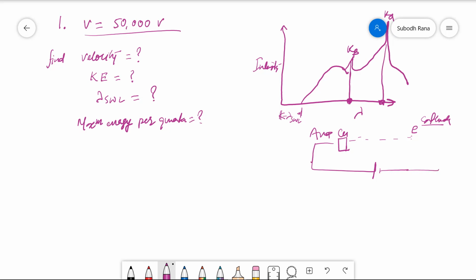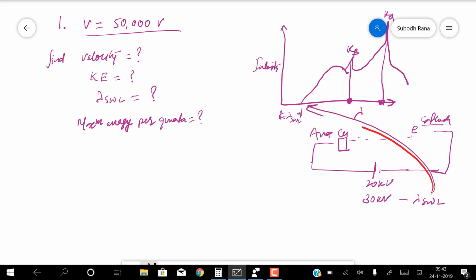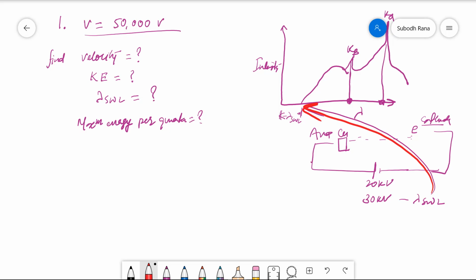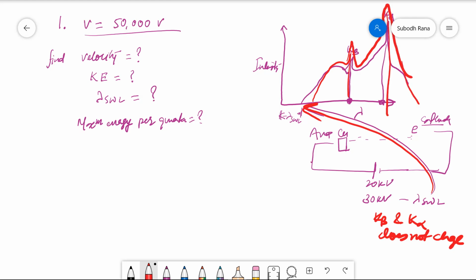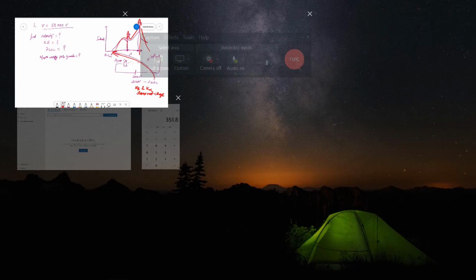If we change the voltage from, suppose, 20 kV to 30 kV, then lambda SWL changes. But K beta and K alpha do not change. There will only be a change in intensity, but the wavelength will be the same.